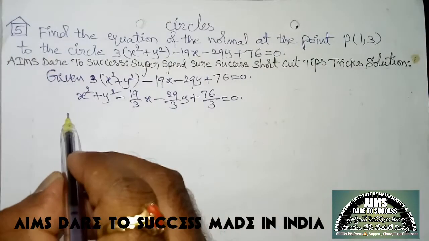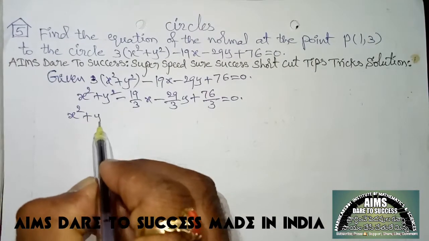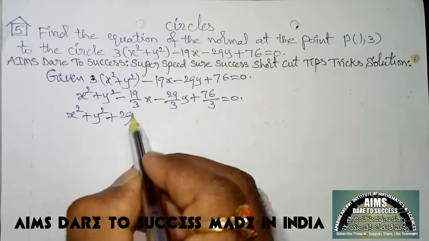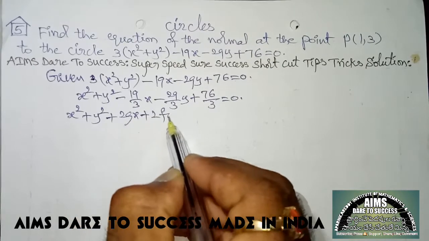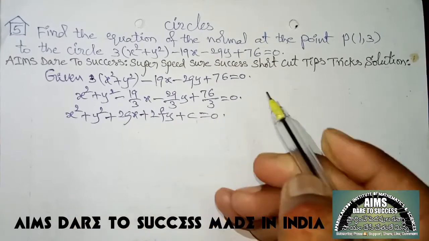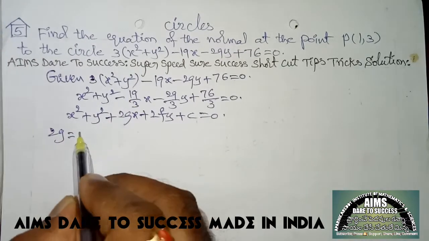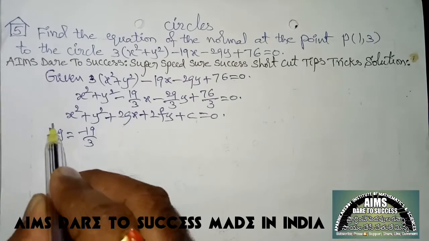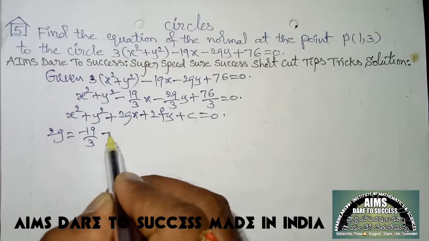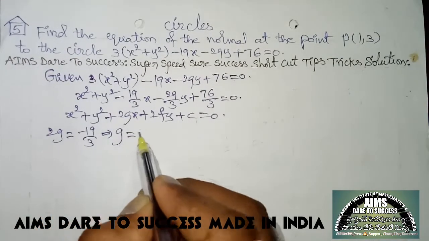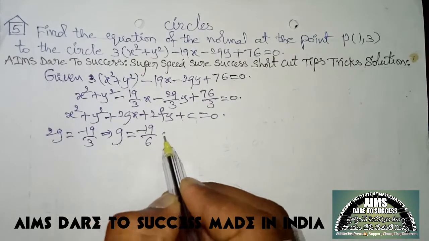Now I am comparing with the standard equation of the circle. We get x square plus y square plus 2gx plus 2fy plus c is equal to 0. Now comparing the x coefficient, 2g is equal to minus 19 by 3. Here 2 is multiplying, coming to this side dividing, we get g is equal to minus 19 by 6.